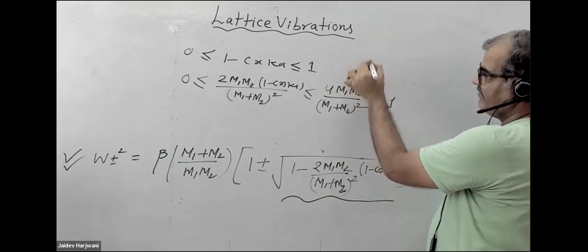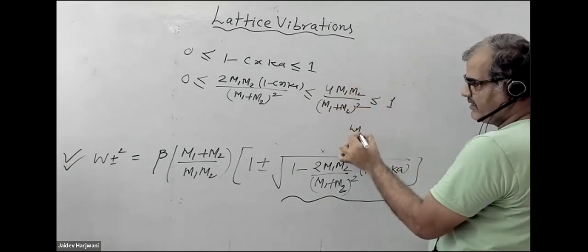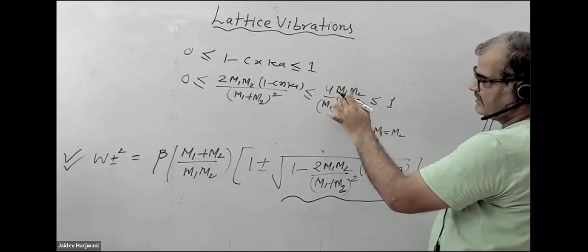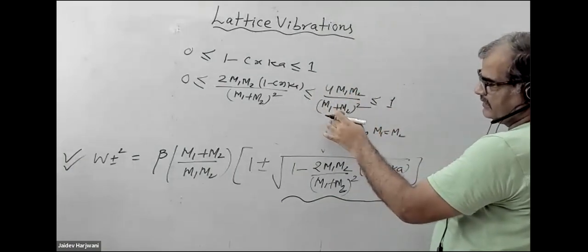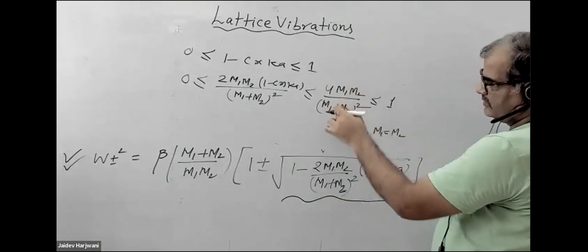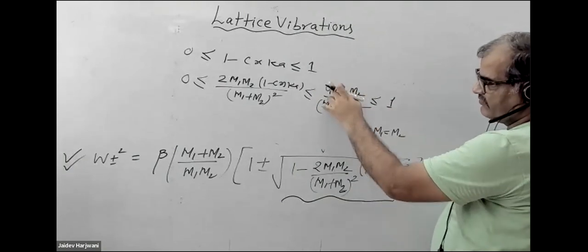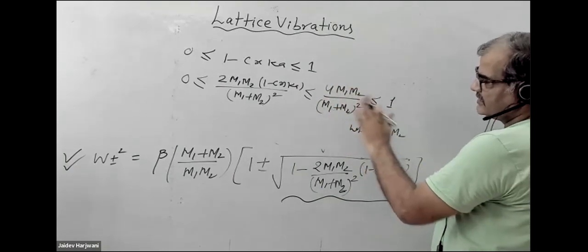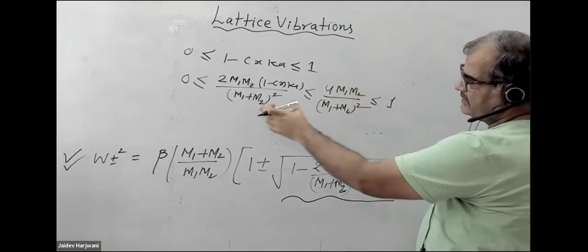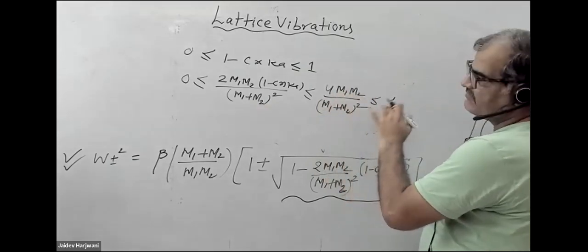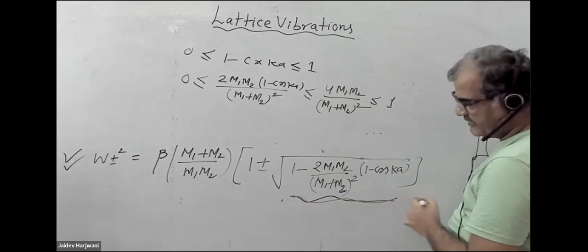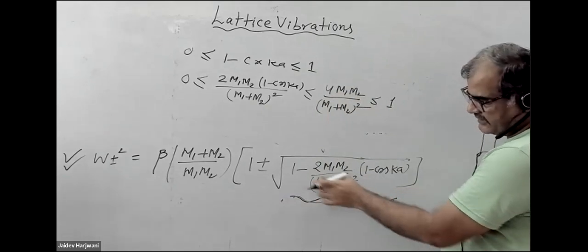When m1 is equal to m2, this becomes m square, and 2m square and this 2m square, the 4m square cancels. So this expression also tells that this can be less than 1. That means this whole expression I have written here is always less than 1.